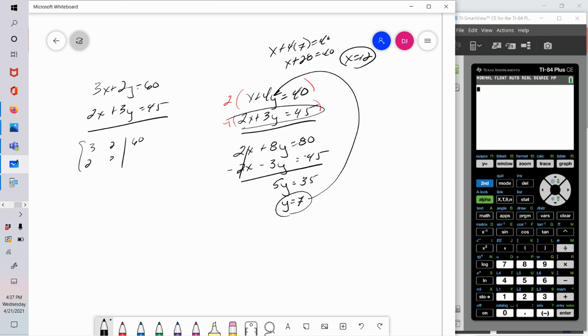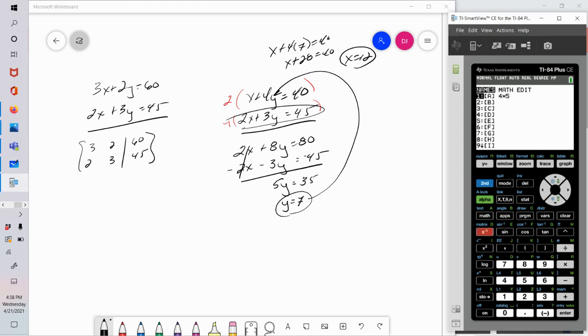the augmented matrices, which I would not do by hand, but I could use my calculator to solve this system. This would be a 2 by 3 matrix with the values 3, 2, 60, 2, 3, 45.